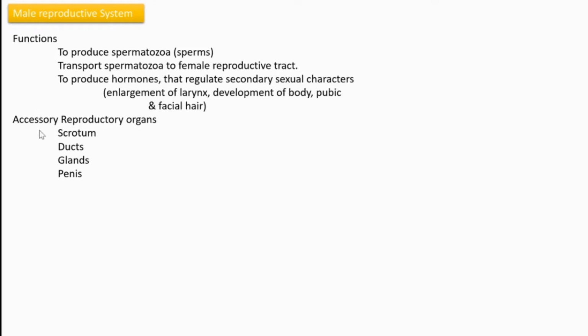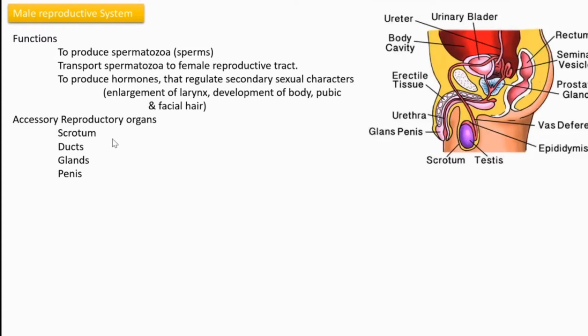Then we need to know which are the accessory reproductive organs in the case of male. The first one is the scrotum. Scrotum is a sac to contain the testis. Then ducts.